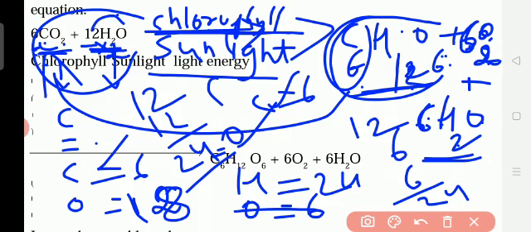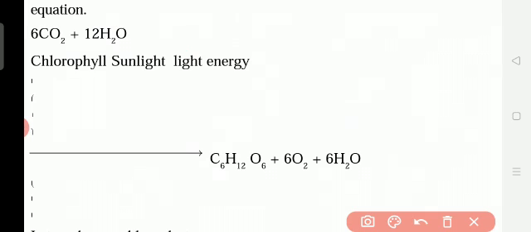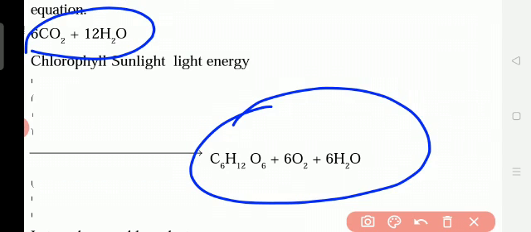So always in a reaction, however many reactants there are, that much product we get.